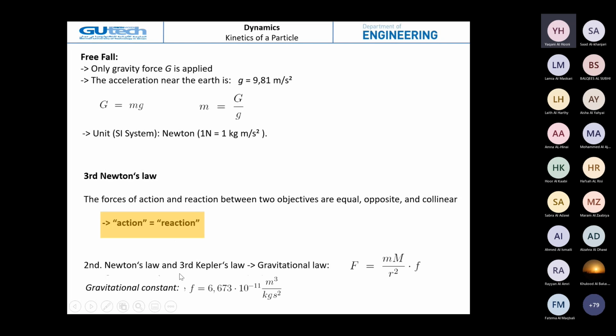Now, the second Newton law and the third Kepler law, this is what we call the gravitational law. And we have here the force, which is the mass of the Earth multiplied by the mass of the second planet, divided by the distance square.